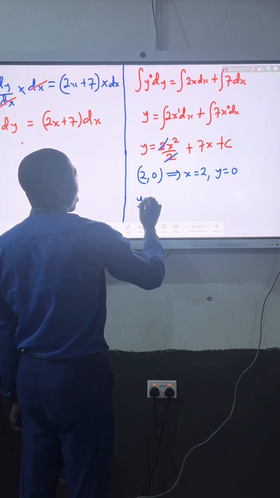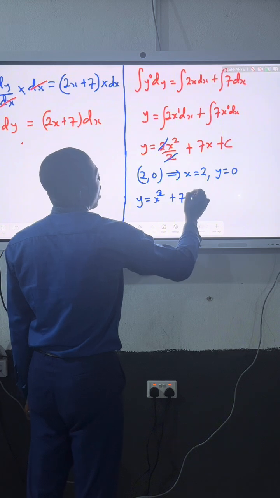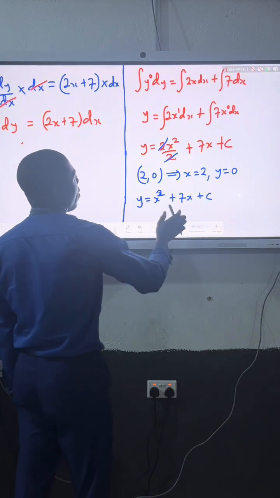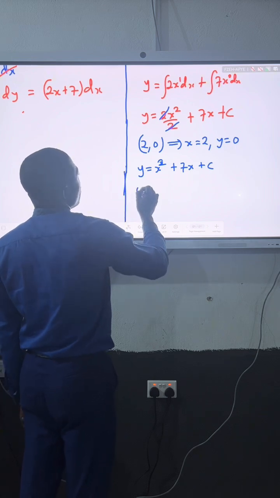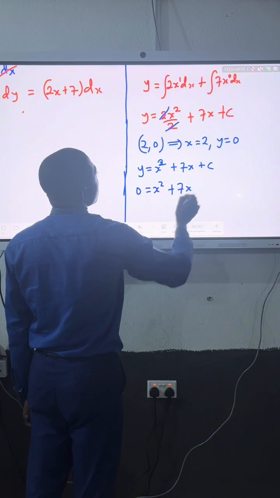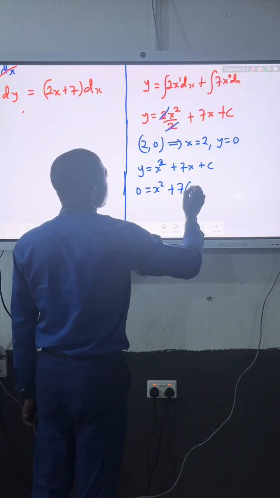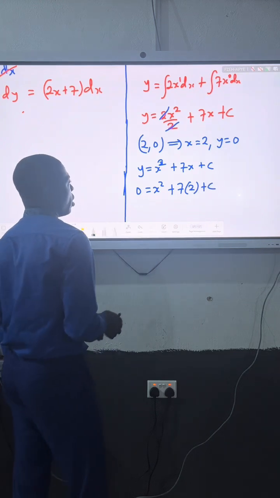We're now having y equals x squared plus 7x plus c. So put in the values of x and y to find the value of the constant c. Let's go. We're going to have 0 equals x squared plus 7 times (2), and then plus the constant of integration.